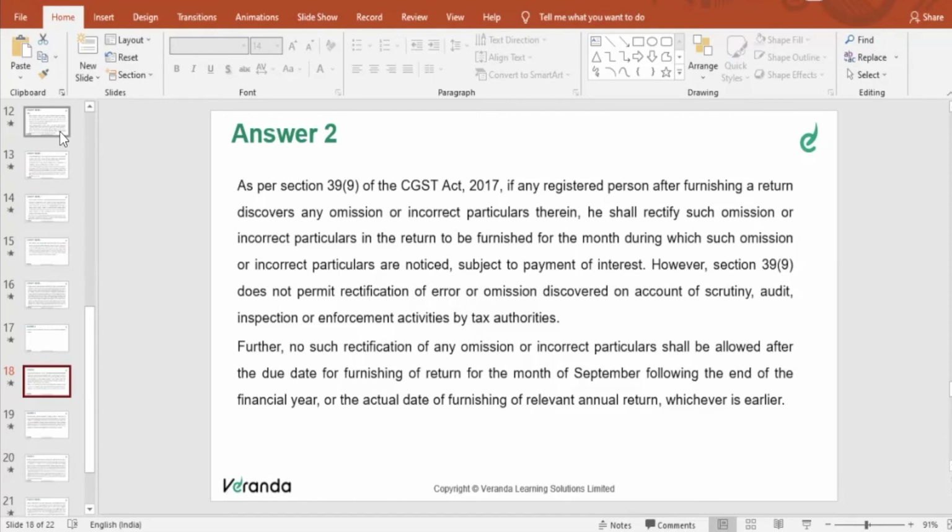Or suppose you have to pay only 50,000 on that transaction, but by mistake you pay 5 lakh rupees. It's a hypothetical example. In that case, is it allowed, or would that also be considered as identified during the course of audit or scrutiny, so rectification will not be allowed?